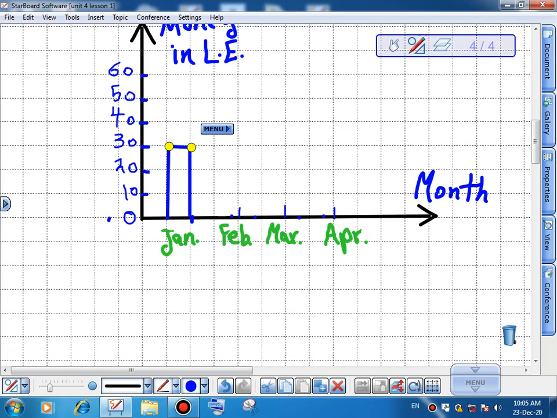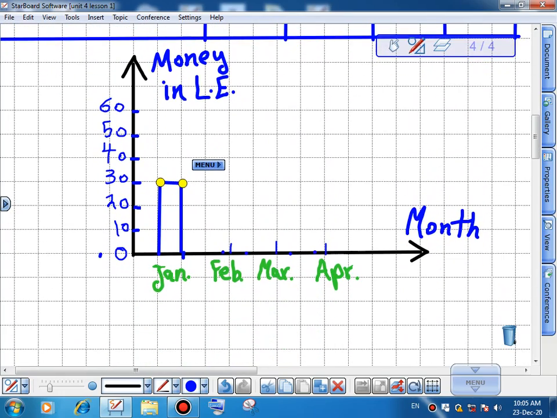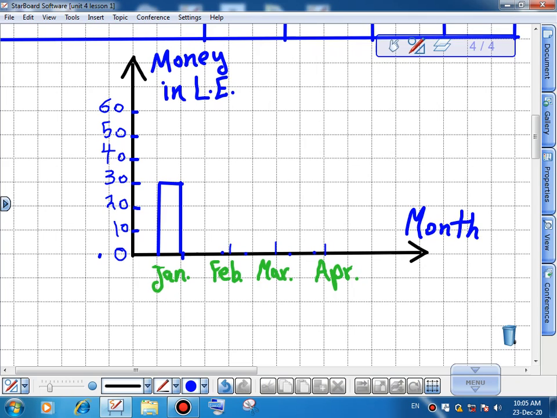So in the first month, January, he saved only 30 pounds. In the second month, February, look at the table, he saved only 45 pounds. So we go from 0 to 45, but I don't have 45 on the scale, but I know that 45 is lying between 40 and 50.